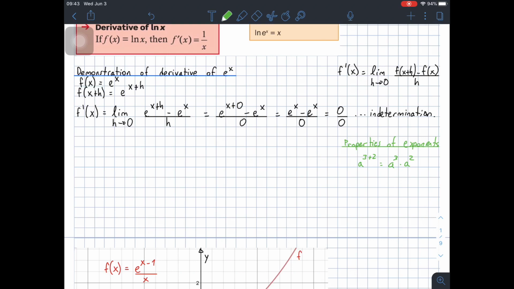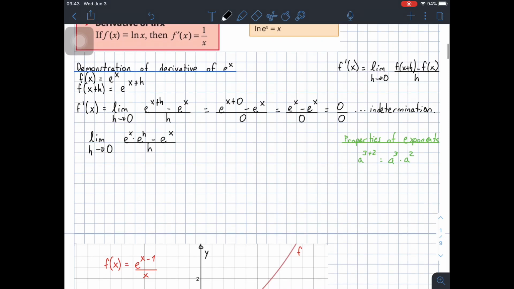Okay, so I'm going to apply that property to this equation, and I would say that this is the same as saying the limit when h approaches 0 of, I'm rewriting this, okay, e to the power of x times e to the power of h minus e to the power of x divided by h, right?